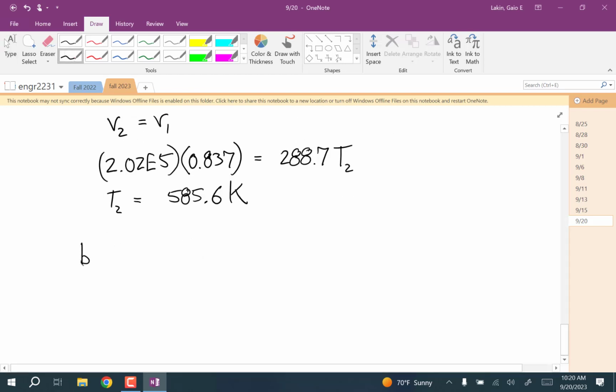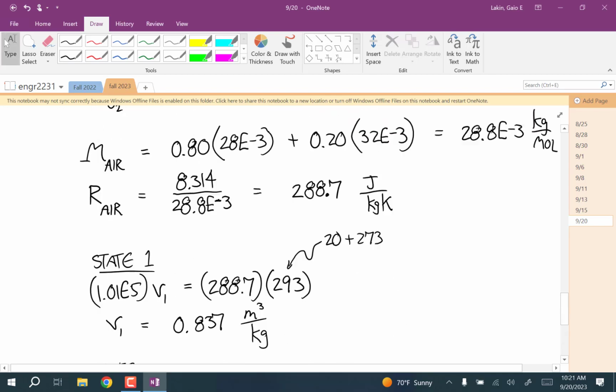And then, do we know how big the tank is? Well, what's the volume of the tank? The volume is equal to the specific volume times the mass.